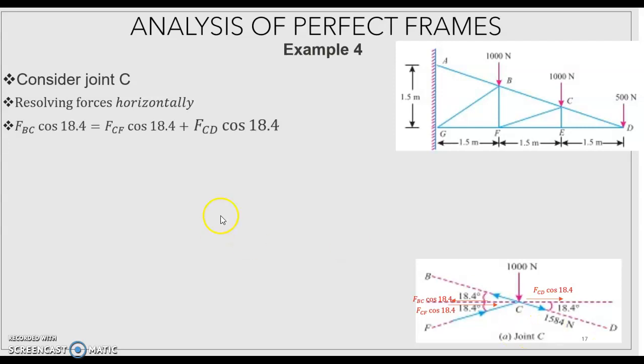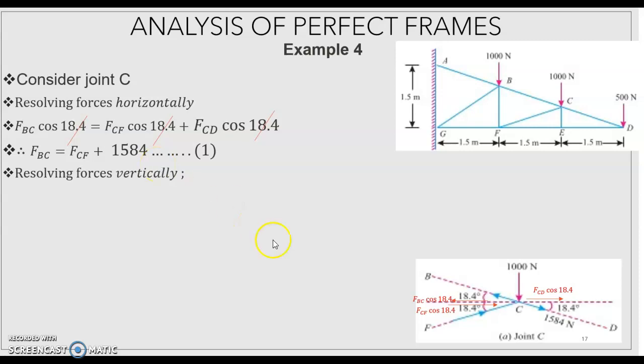Equating, FCB cos 18.4 and FCF cos 18.4 on one side and FCD cos 18.4 on the other. Cos 18.4 is on both sides, so it cancels. Then FCB is equal to FCF plus 1584.